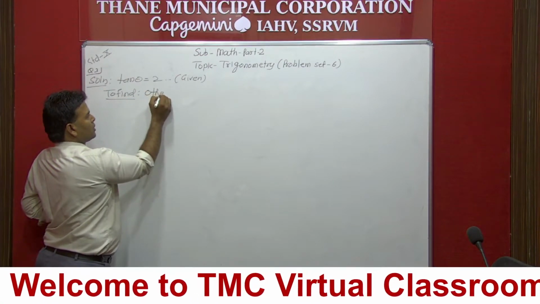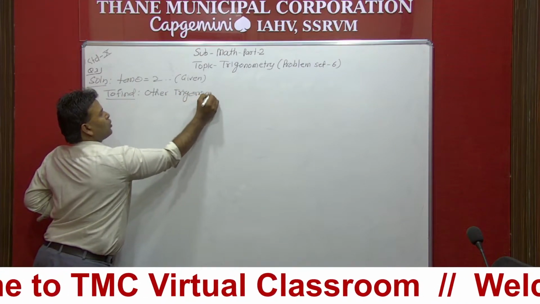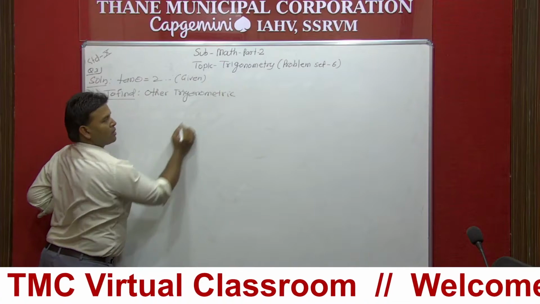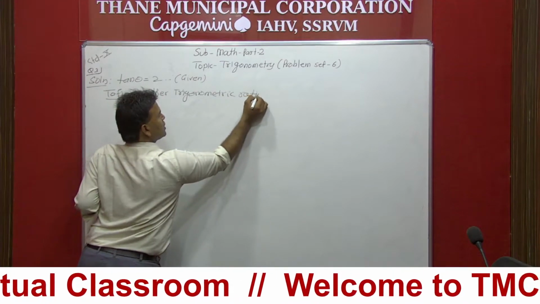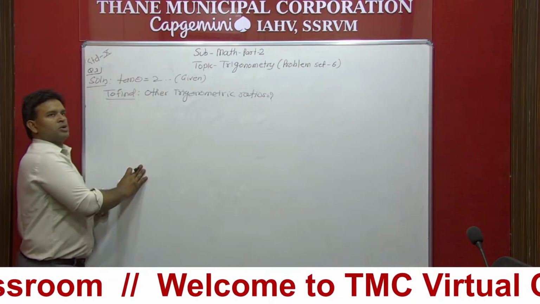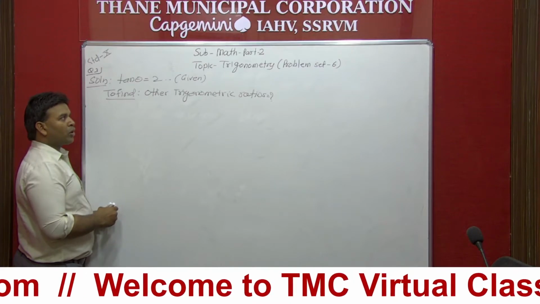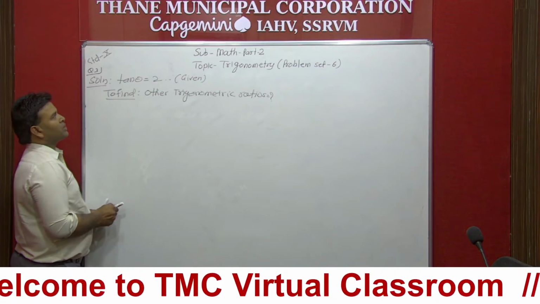To find: other trigonometric ratios, that is sine, cos, cot, sec and cosec. Let's begin with the question.